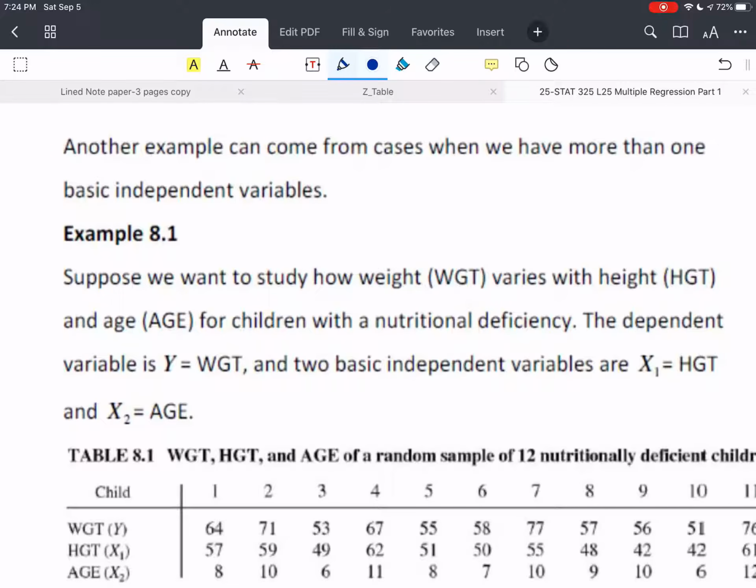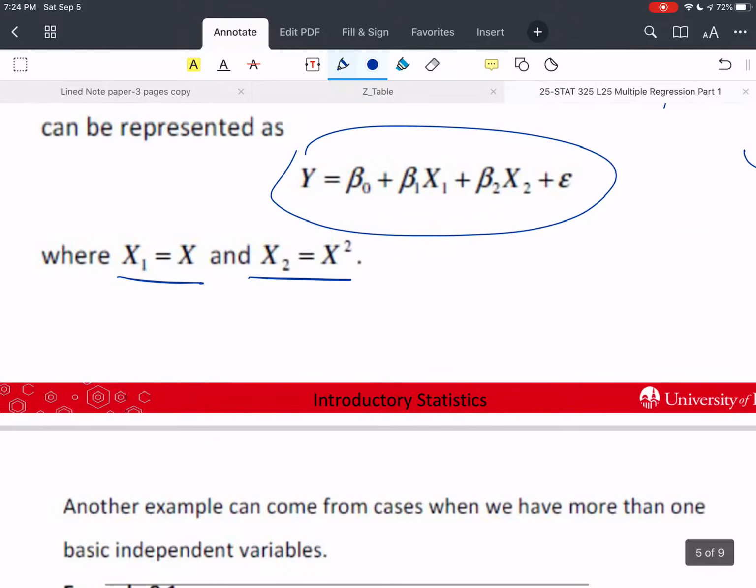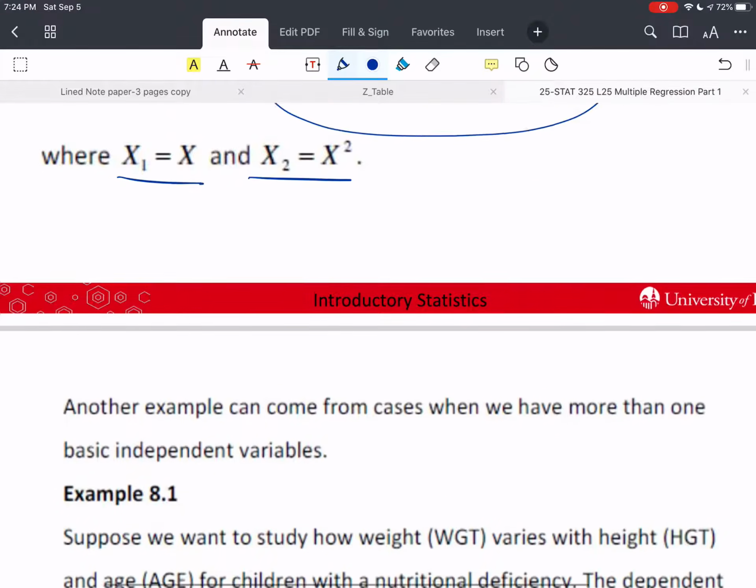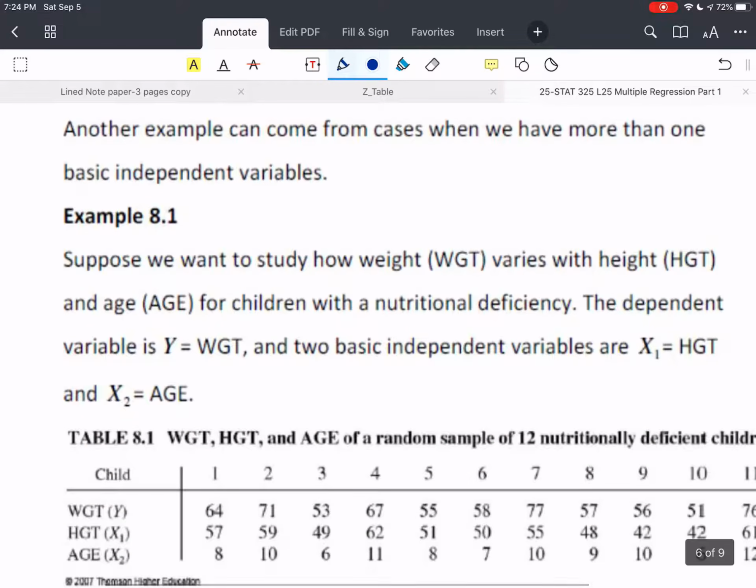So another example can come from cases when we have more than one basic independent variable. As I just mentioned, x2 could be something that's not related to x1 at all. And we do that as well. So here we're going to study the weight and height and age for children that have a nutritional deficiency. So weight is going to be our dependent variable, and the two independents are going to be height and age.